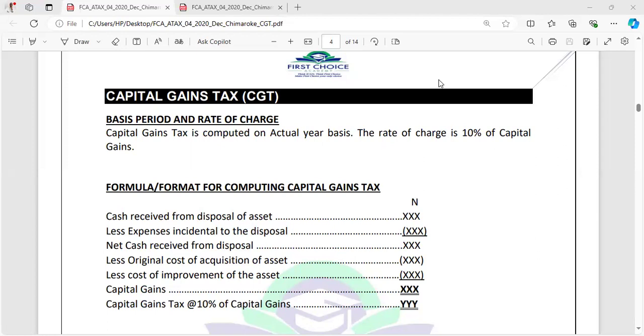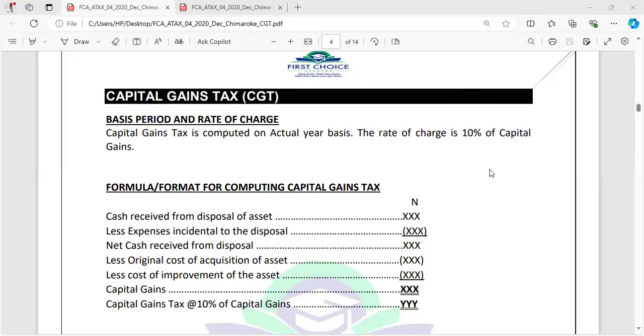Today, we will be looking at an important topic that is 90% of the time, if not more, featuring in your examination, and this is capital gains tax. Capital gains tax is an important topic that we have to reckon with.